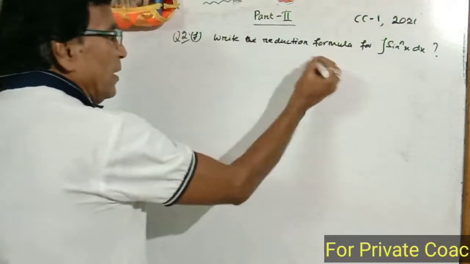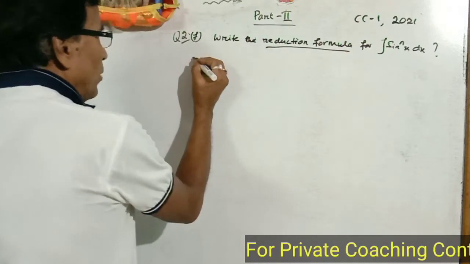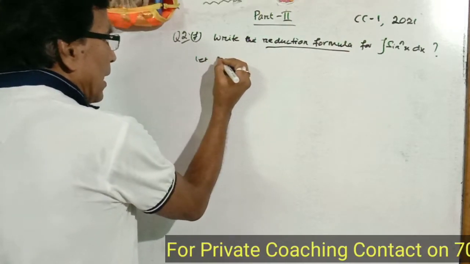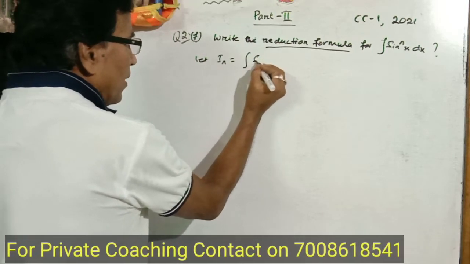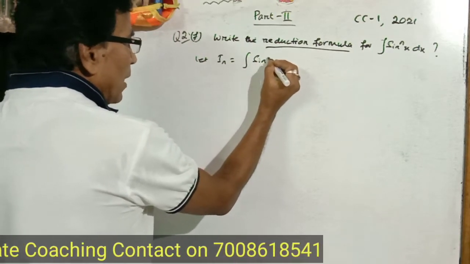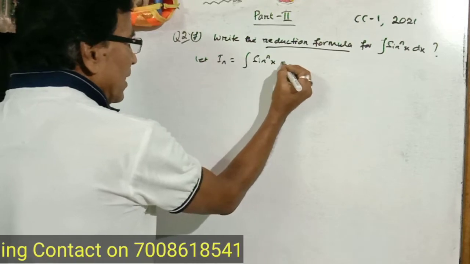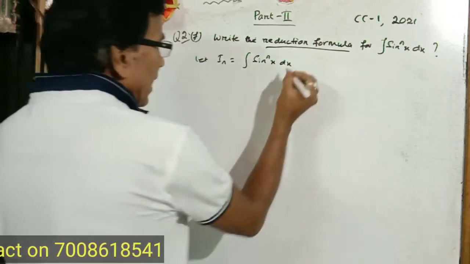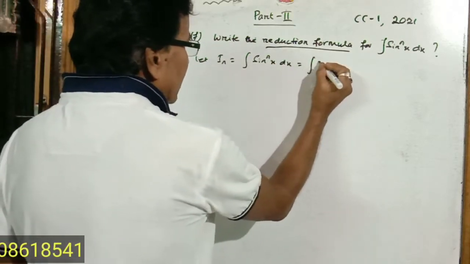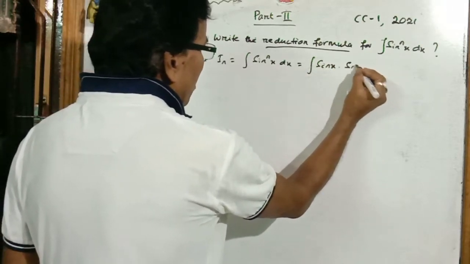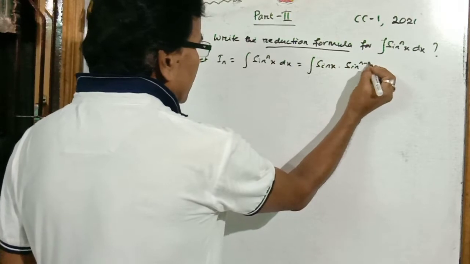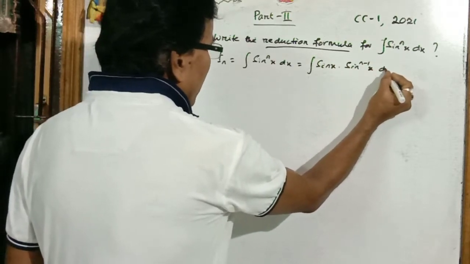In order to find the reduction formula, let I n be equal to integration of sine to the power n x with respect to x. That is equal to integration of sin x into sine to the power n minus 1 x with respect to x.